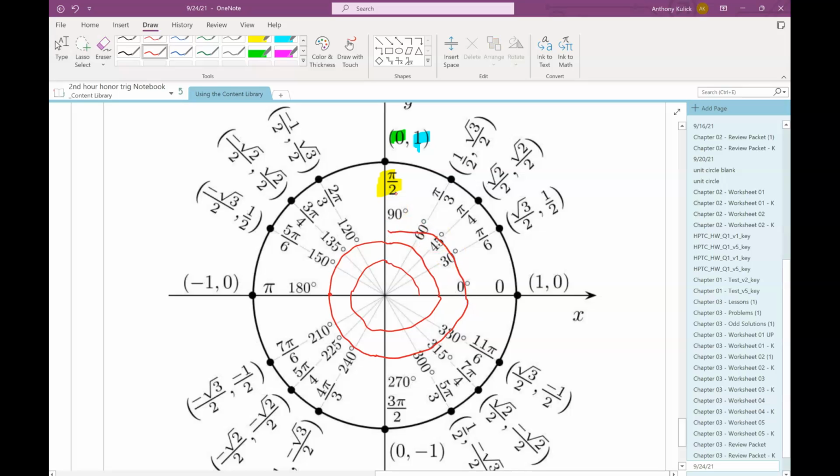You can count around the circle like that and just do it visually. It's okay to do that also, if you prefer, as long as you know the angle you're looking for is a unit circle angle. It's easy to just count around to find the thing that's coterminal on the unit circle. If you're just finding something coterminal and you don't know it's a unit circle angle though, that's less effective.